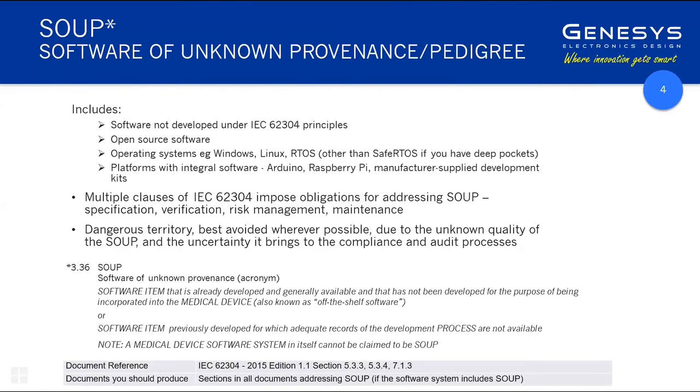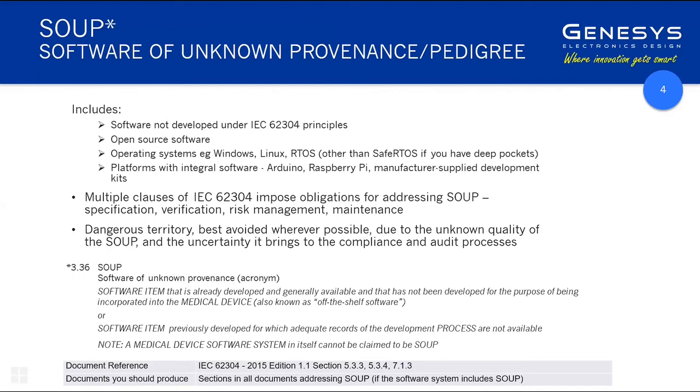That brings us to the next item that gets brought up by 62304, which is SOUP, or software of unknown provenance. SOUP is basically software that's not developed under 62304 principles: open source software, operating systems like Windows, Linux, RTOS, with the exception of SafeRTOS and some other pre-certified RTOS.